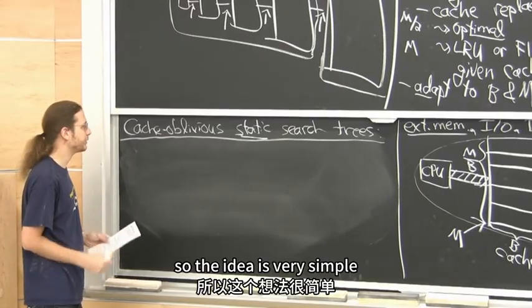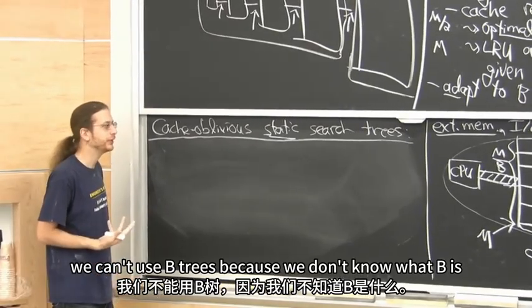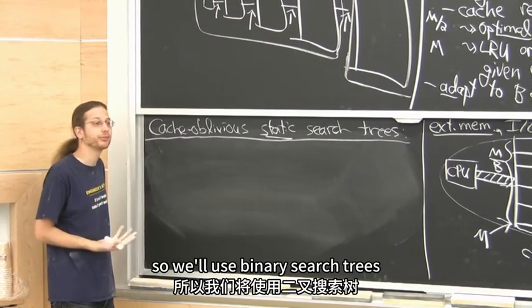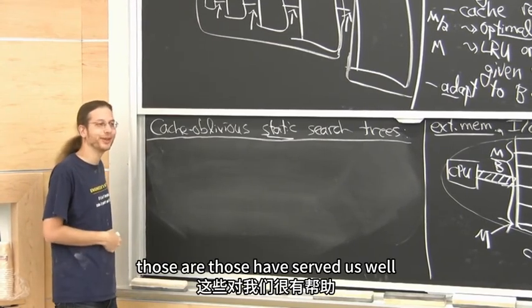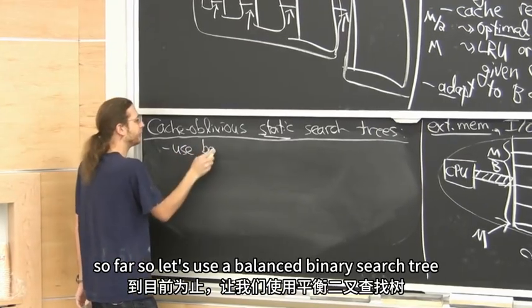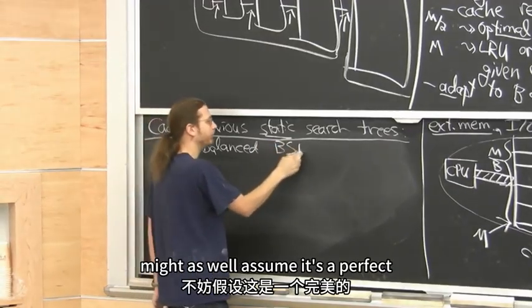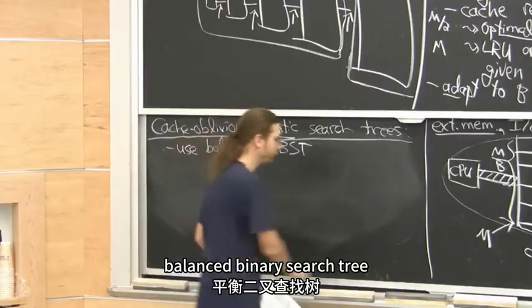So the idea is very simple. We can't use B trees because we don't know what B is. So we'll use binary search trees. Those have served us well so far. So let's use a balanced binary search tree. And because it's static, we might as well assume it's a perfect balanced binary search tree.